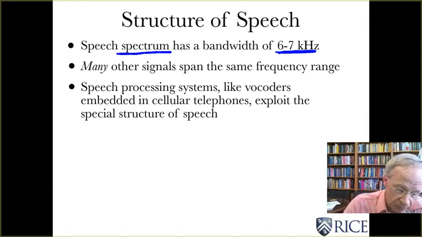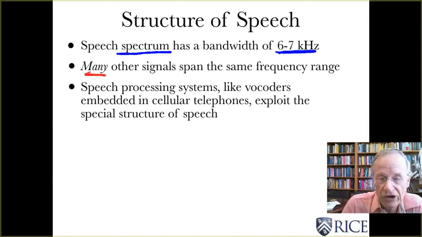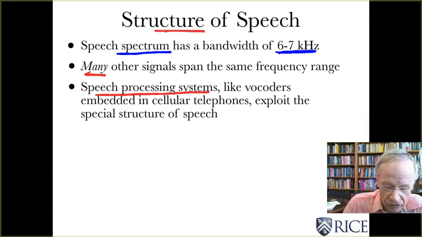Now, I want to point out that many other signals share the same frequency range as speech. And signal processing systems exploit in great detail the special structure of speech so that they can send speech signals efficiently.